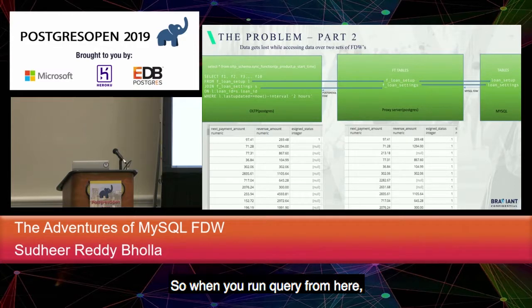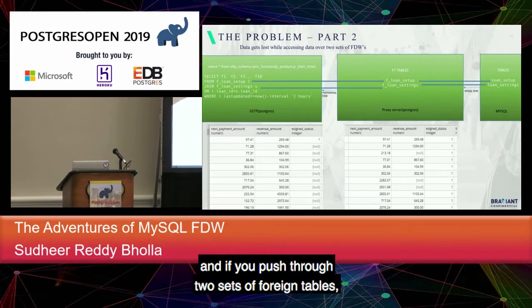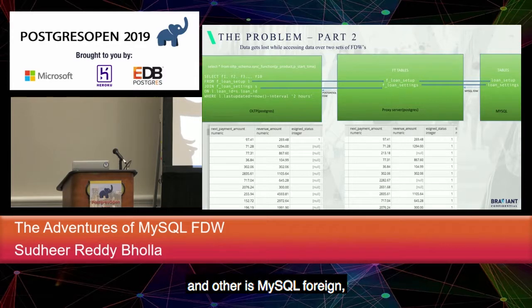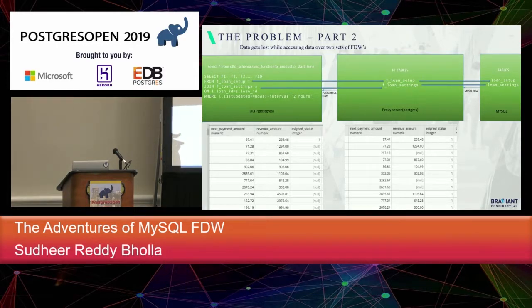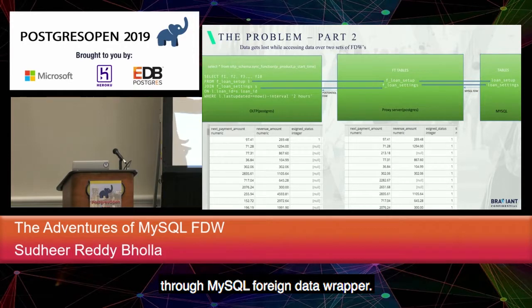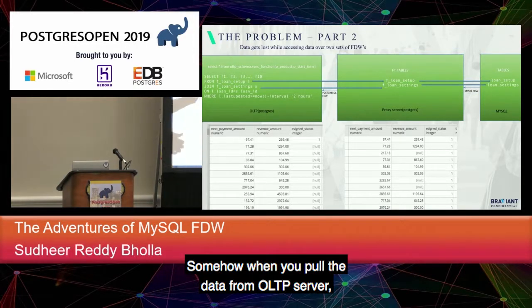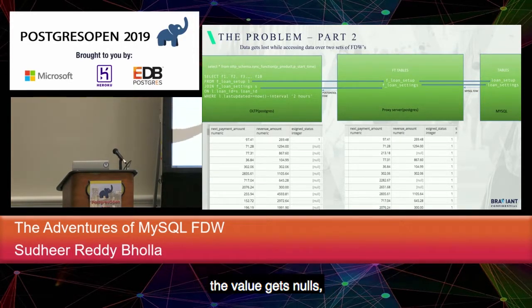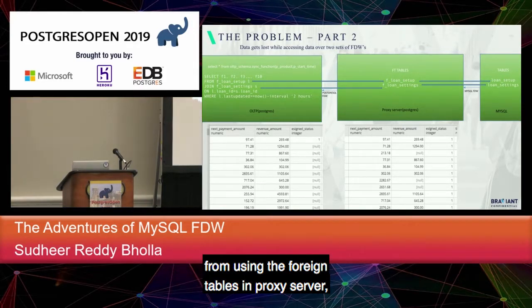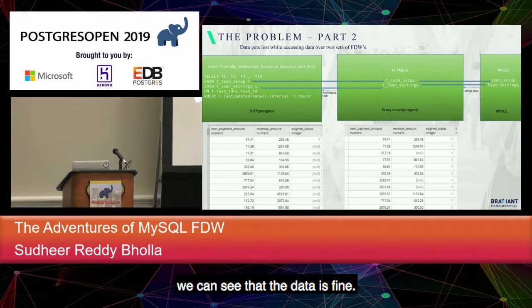So when you run a query from here, adding joins between tables, and push through two sets of foreign tables, one a PostgreSQL foreign table and the other a MySQL foreign table through the MySQL foreign data wrapper, somehow when you pull the data from the OLTP server, the values become nulls and you get inconsistent data. But when you run the same query using the foreign tables in the proxy server, we can see that the data is fine. As you see, eSign status is null here and there is 1 there.